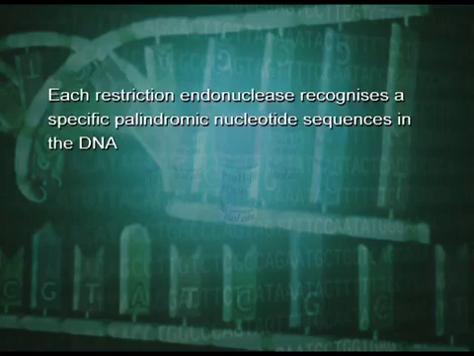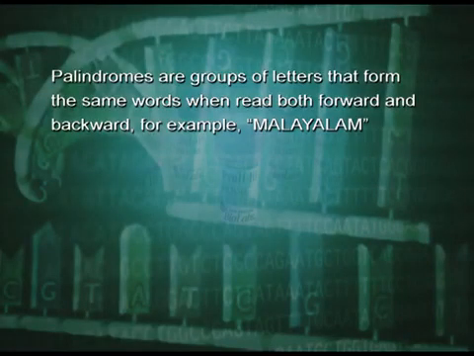Each restriction endonuclease recognizes a specific palindromic nucleotide sequence in the DNA. Palindromes are groups of letters that form the same words when read both forward and backward, for example, Malayalam. The palindrome in DNA is a sequence of base pairs that reads the same on the two strands when the orientation of reading is kept the same.